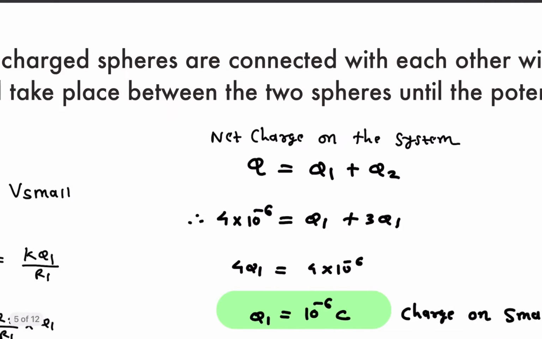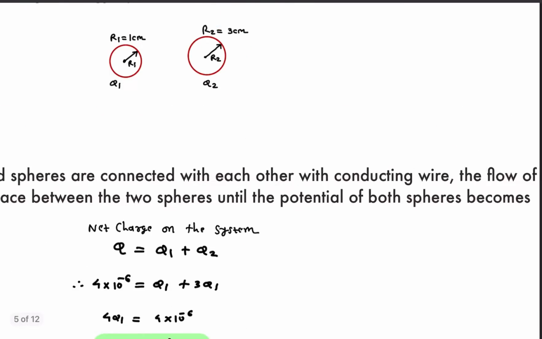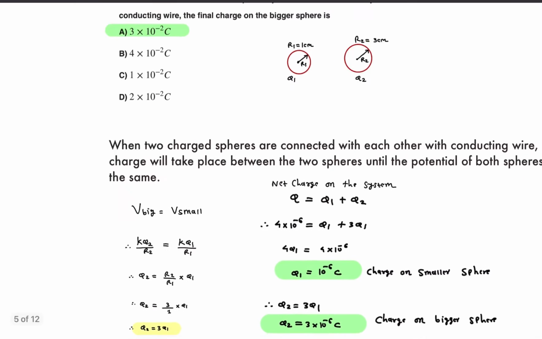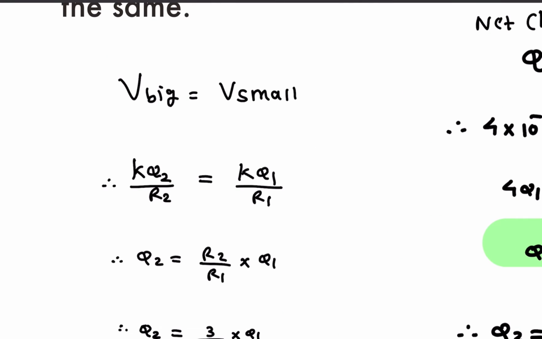Now, according to the definition of potential due to a point charge, V is equal to kq by r, where r is the distance. In the case of a sphere, the distance is taken as the radius. So for the smaller sphere, it is kq1 by r1, and for the bigger sphere, the potential is kq2 by r2.